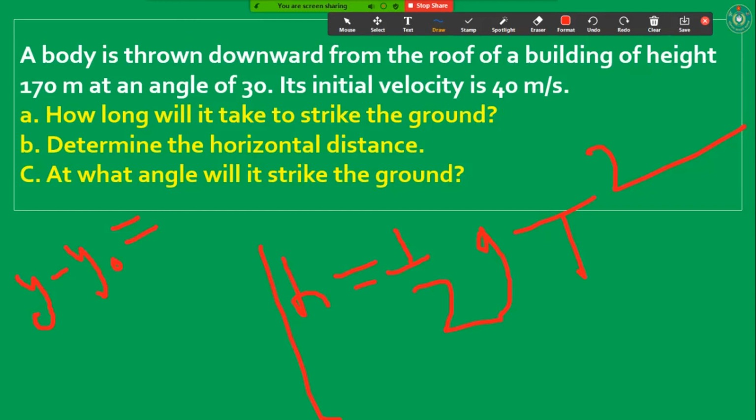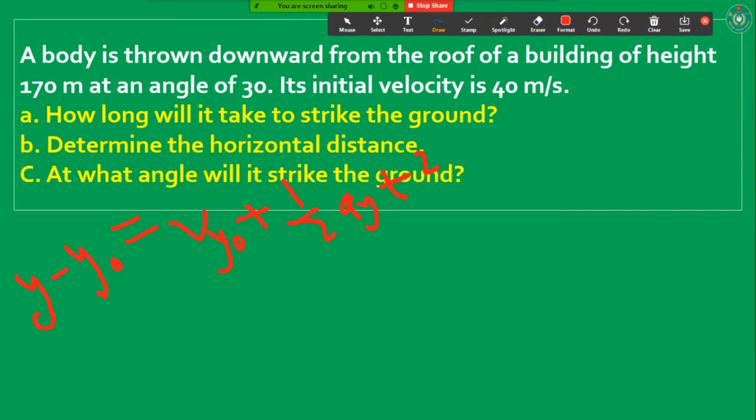Please look here: y minus y0 is equal to v y naught t plus half a y t square. You are very much confused about this equation.